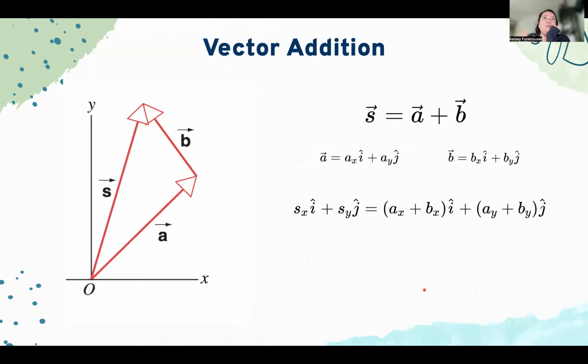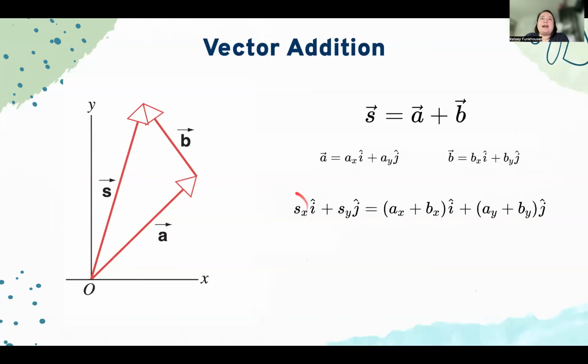We can also do this sort of vector addition numerically, using the i hat, j hat representation of the vectors. So if A is given by these x and y components, and B is given by its x and y components, then the sum of the two vectors is just the sum of their x and y components.